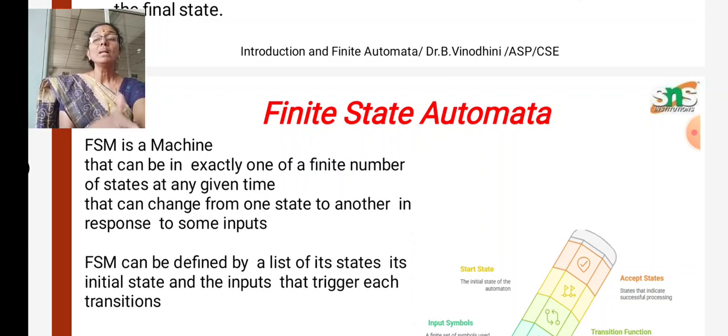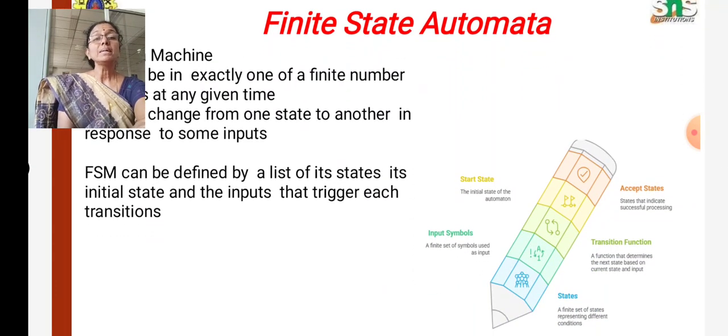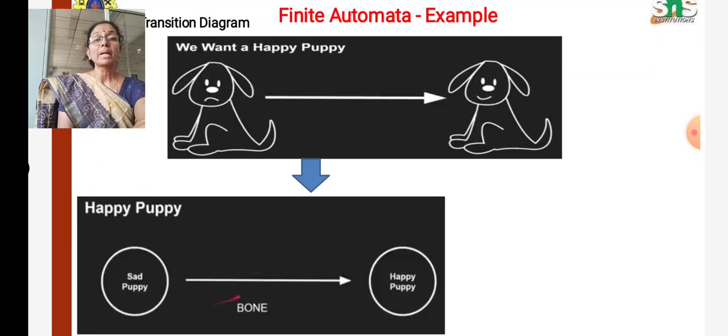For example, from state 1 we go to state 2 through some transition, triggered by the input. So the FSM can be defined as a list of its states and its initial state. From the initial state we go to the next state through some transitions. That is a finite state automata or finite state machine.